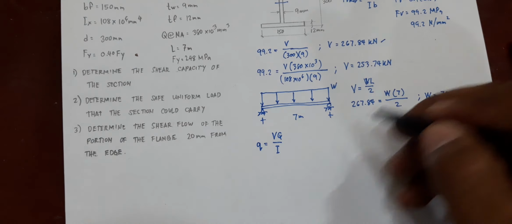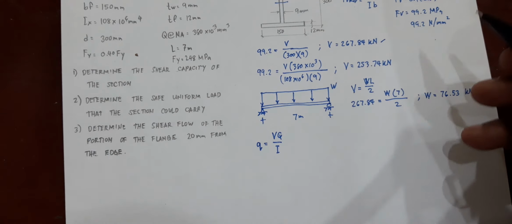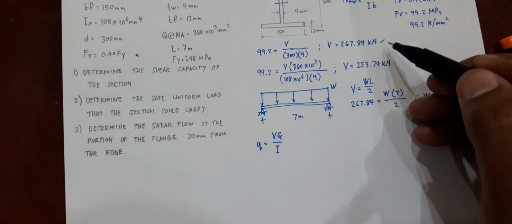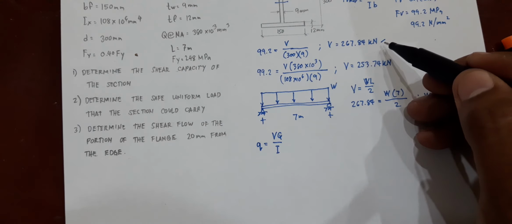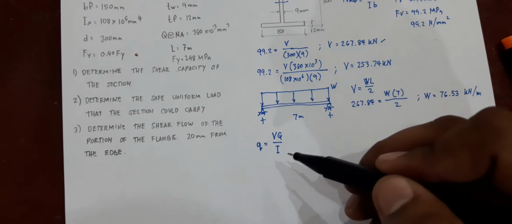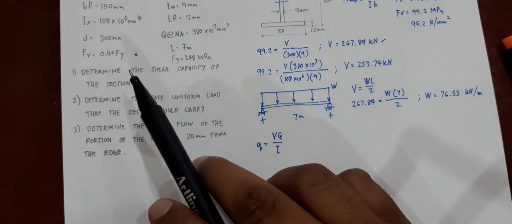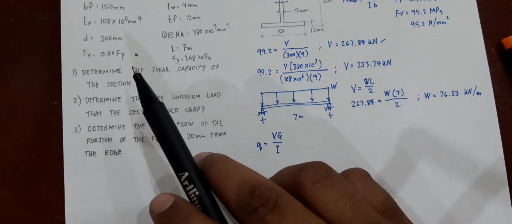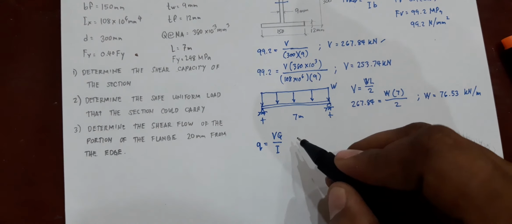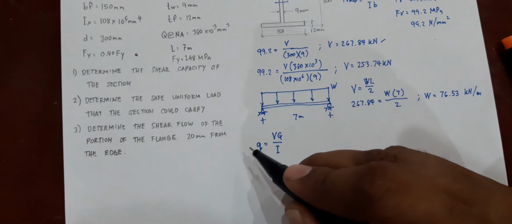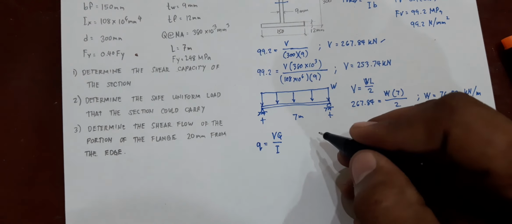So in this case, V is 267.84. Our I is of course 108 times 10 raised to the 6. And then we need first to calculate for Q before we can arrive at your answer for your shear flow.